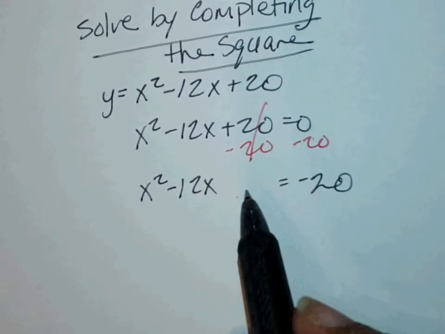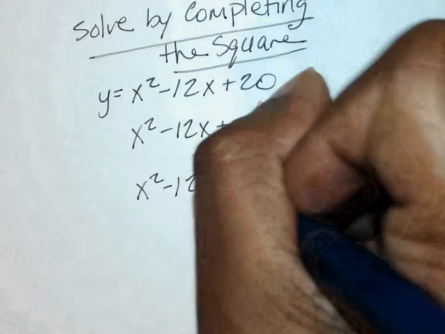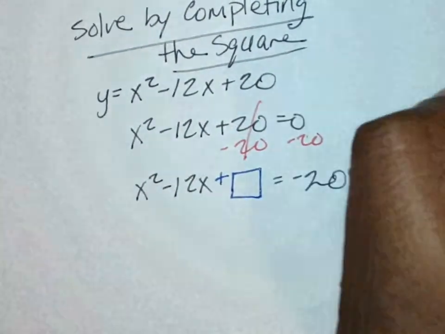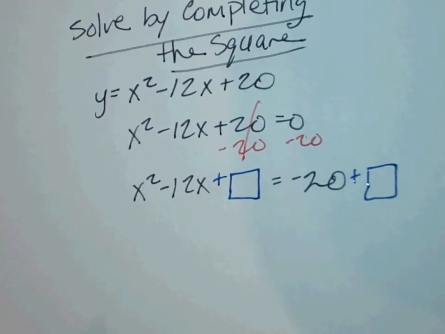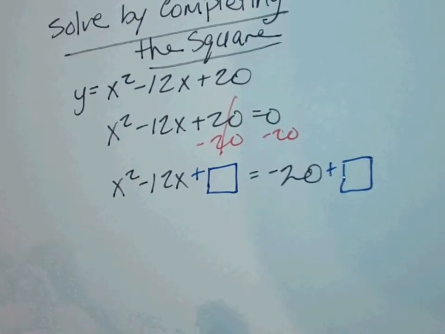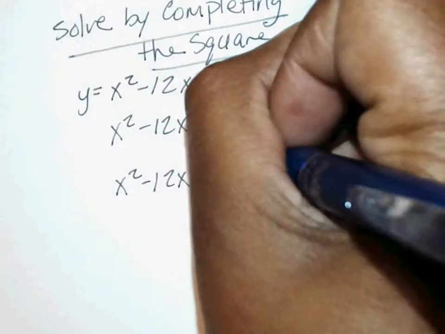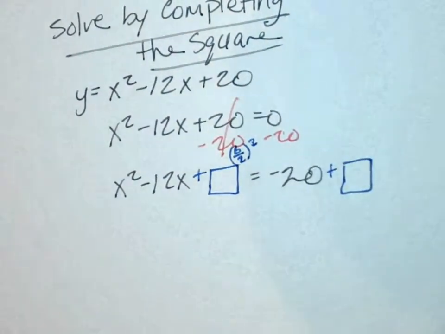Alright, if you notice I left a space here. I left a space because I have to put squares on both sides of my equation. And in those squares are going to go my b term divided by 2 squared.